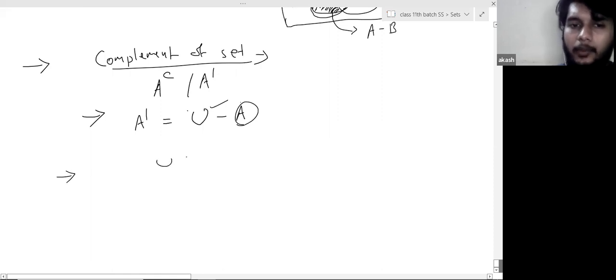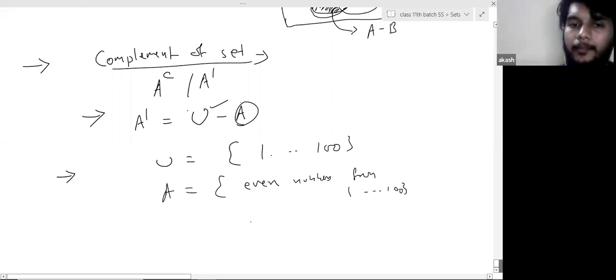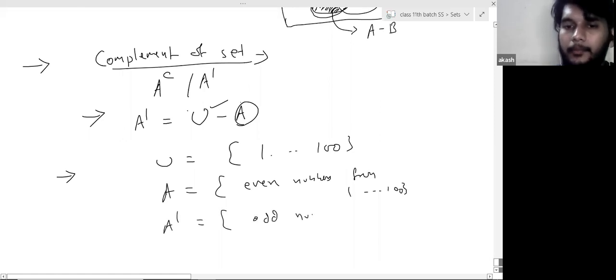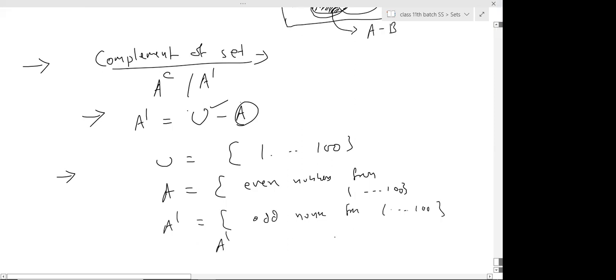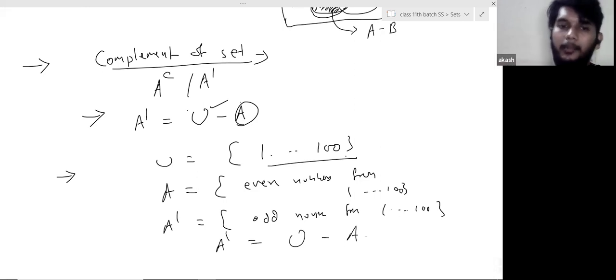Which means if U is 1 to 100 and A is all the even numbers from 1 to 100, then A complement will be all the odd numbers from 1 to 100. Why so? Because if you remove all the even numbers from the universal set, 1 to 100, what will you be left with? Odd numbers. That will be the complement.